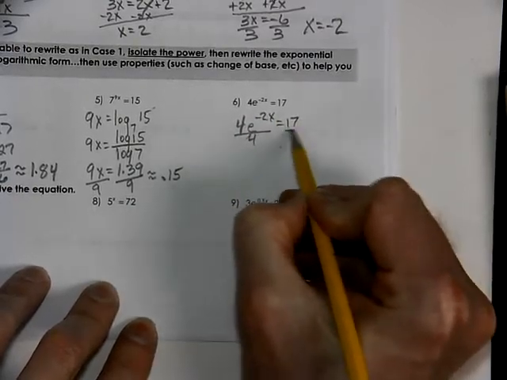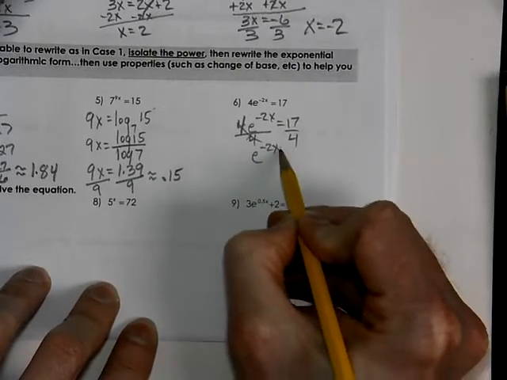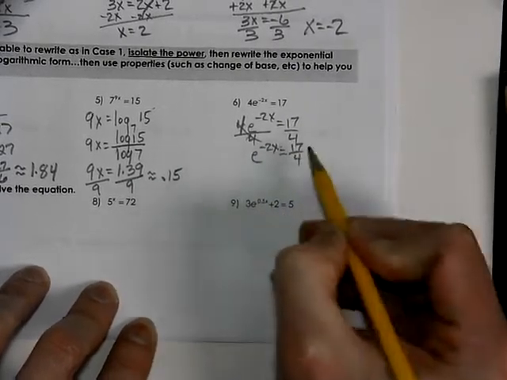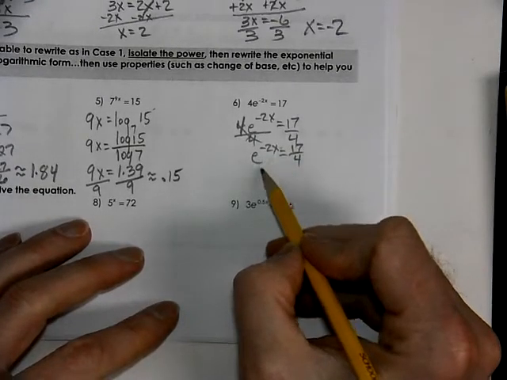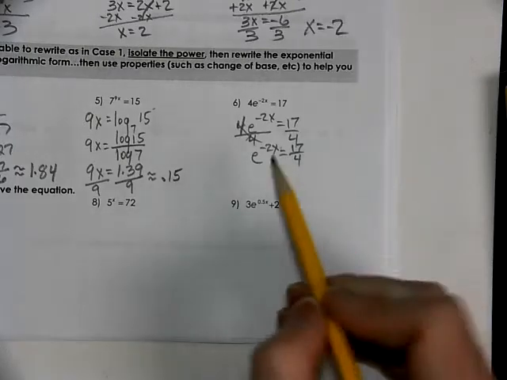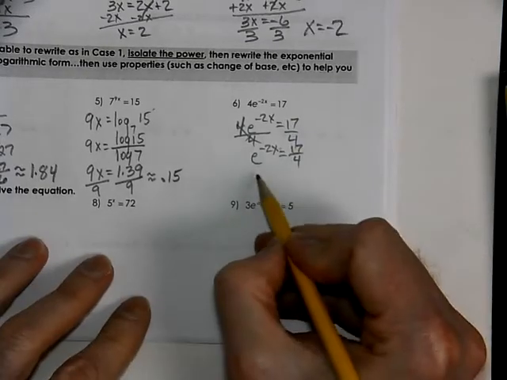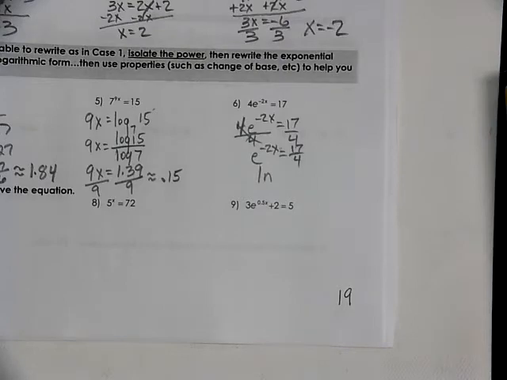If we divide both sides by 4, now we've isolated our base with its exponent, so we need to turn this into a logarithm. Now when the base is e, we don't typically write log. This is where we use ln. ln automatically has the base of e.